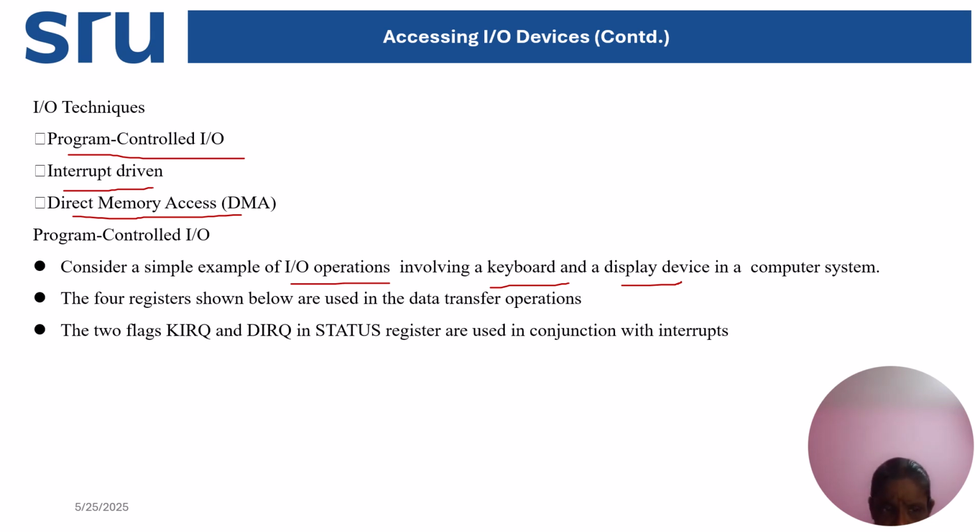And there are two flags, KIR, keyboard interrupt request, and DIR, data interrupt request. These two flags are available in the status register, and they are used in conjunction with the interrupts only. If they show the status or condition, then it automatically means that it is an interrupt. So I/O devices are interrupting the processor.